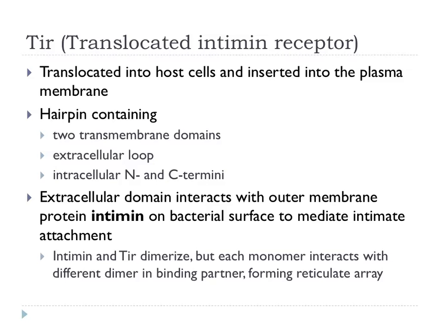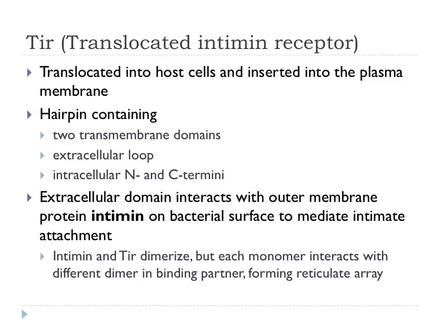Then there was this surprising finding that it wasn't quite that simple. What was actually happening was that the bacterium was producing a protein called Tir, which was being translocated through the secretion apparatus and then integrating itself into the plasma membrane of the host cell and acting as a receptor for intimin. So if you like, the bacterial cell was controlling both sides of the interaction.